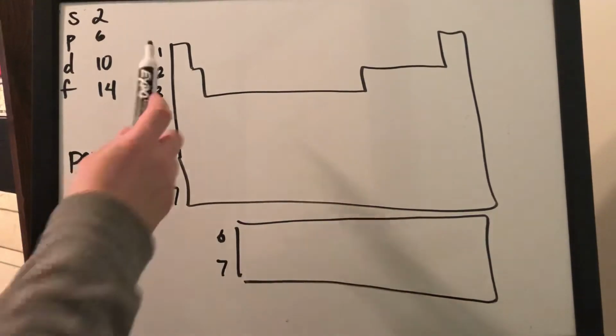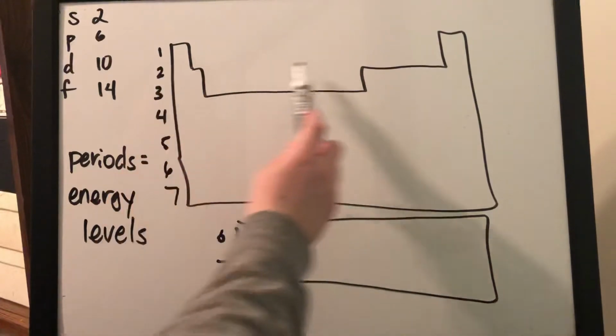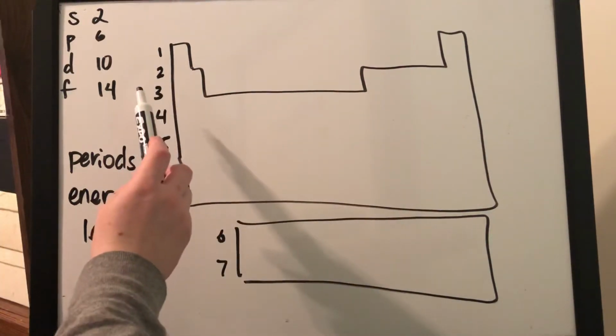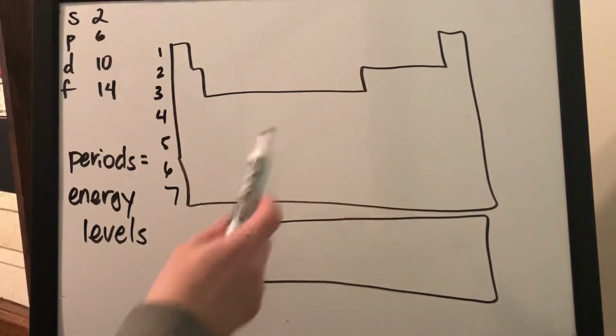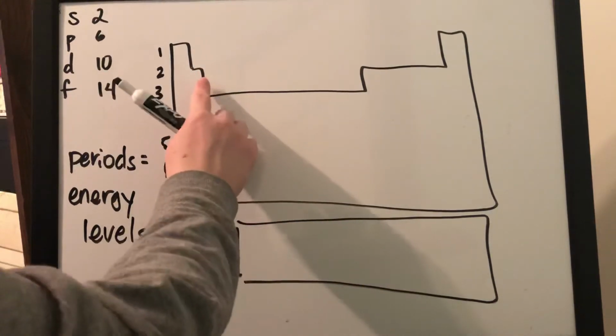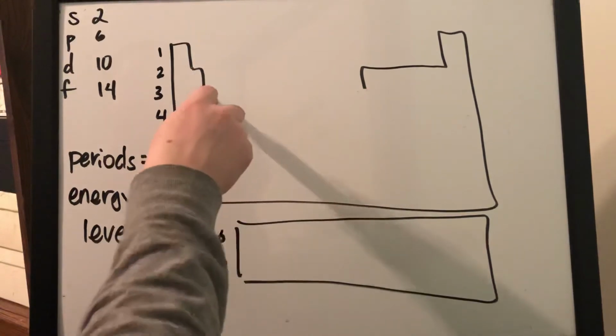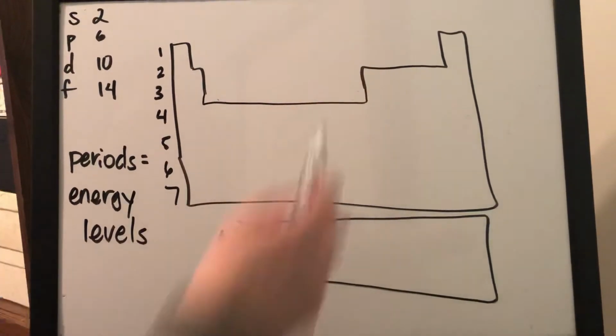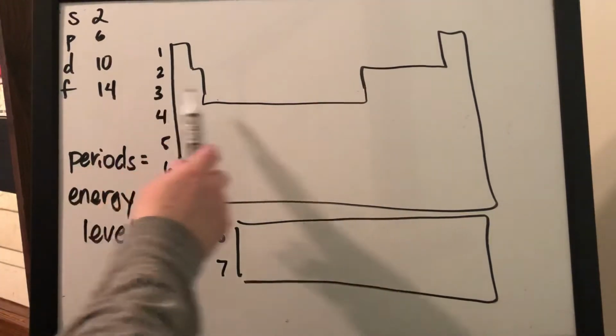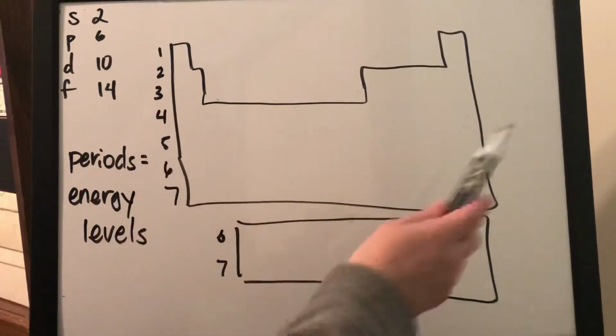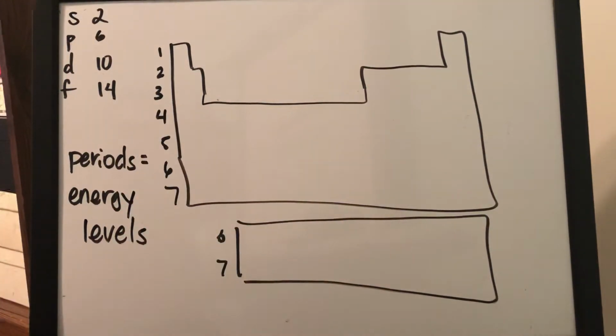Meaning we have the first energy level, the second energy level, the third energy level. And my picture's a little off here, guys. Let me fix this. Okay, there we go. So we have the third energy level, the fourth, the fifth, the sixth, and the seventh. And so on and so forth.